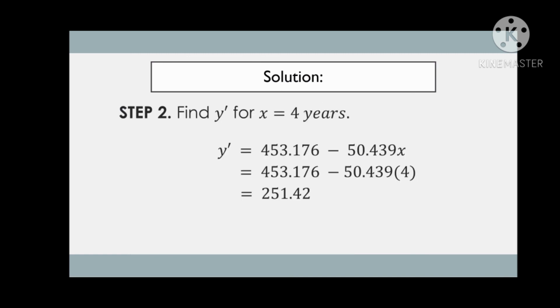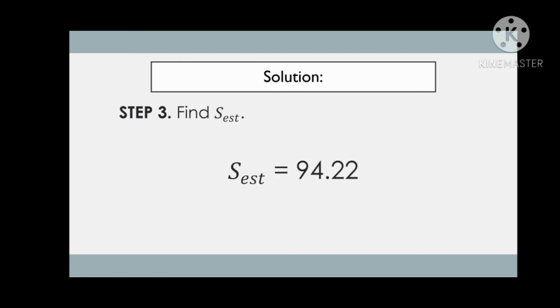Step 2, find the y prime for x equals 4 years. Y prime equals 453.176 minus 50.439x. Substituting x equals 4, 453.176 minus 50.439 times 4 equals 251.42.